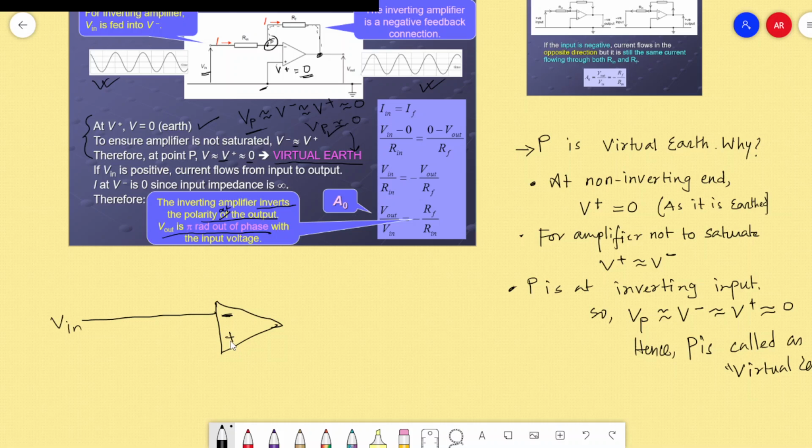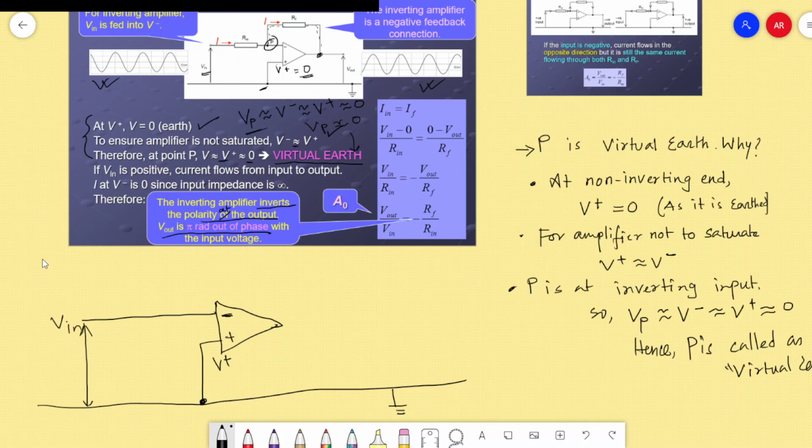This is the non-inverting end which is grounded. For an inverting amplifier, V plus should always be grounded, and the input should always be given to the inverting end.